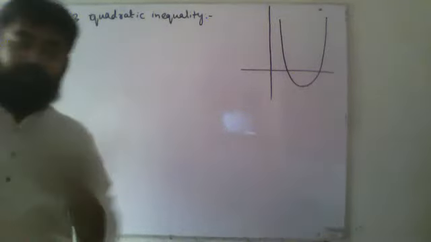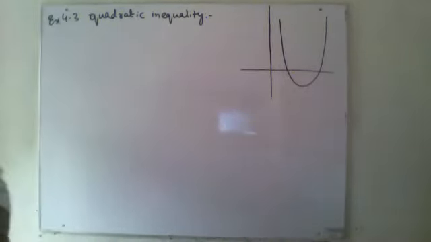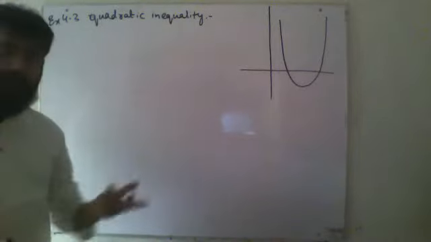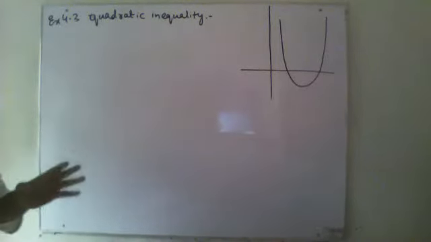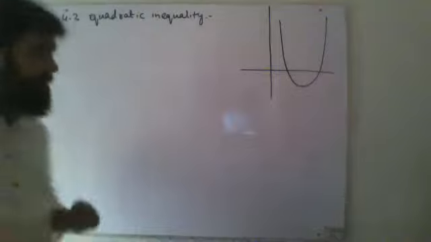You don't have to worry if it is a reverse graph or a maximum graph, then what we have to do. No, you don't have to worry about that thing. Okay, that's the first thing.